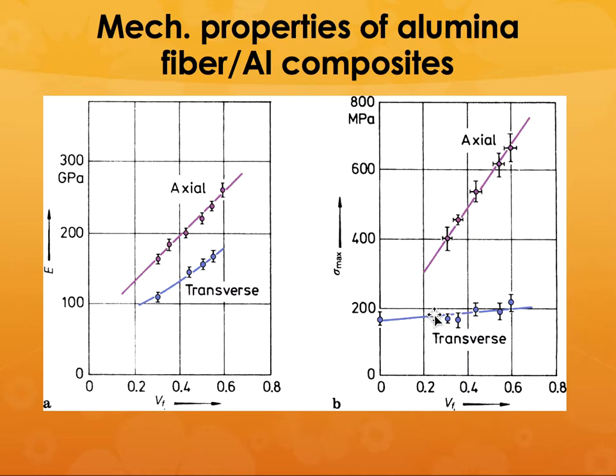You can also find that the tensile strength of these composites goes up quite drastically when you increase the fiber volume fraction. That's mainly in the axial direction, but in the transverse direction, it is not that effective because now you are actually testing the properties of the matrix rather than the properties of the fiber.